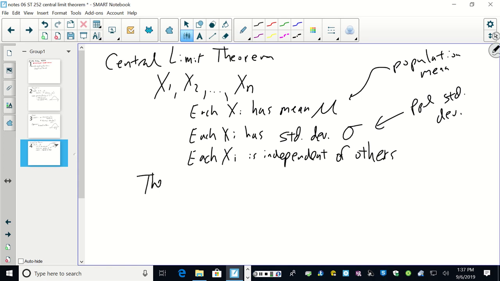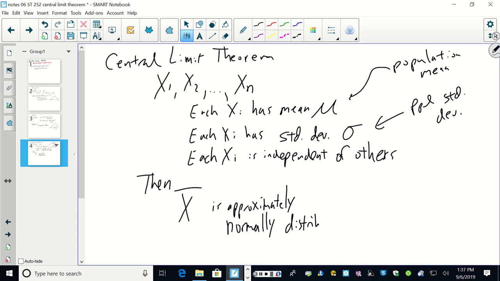Then x bar, the sample average, is approximately normally distributed. That is, the sampling distribution looks like the nice bell-shaped curve, and we write that it's approximately normal.